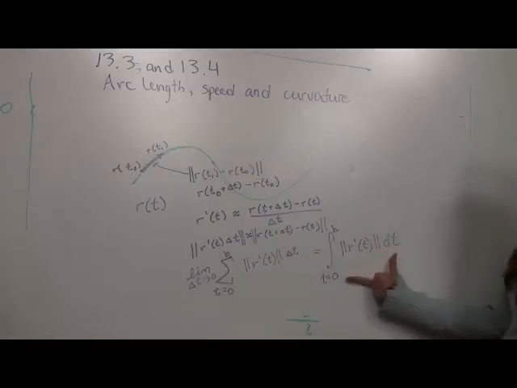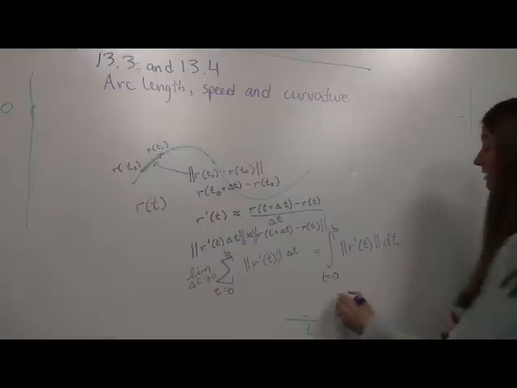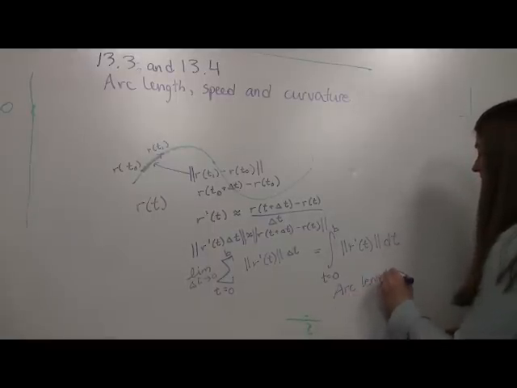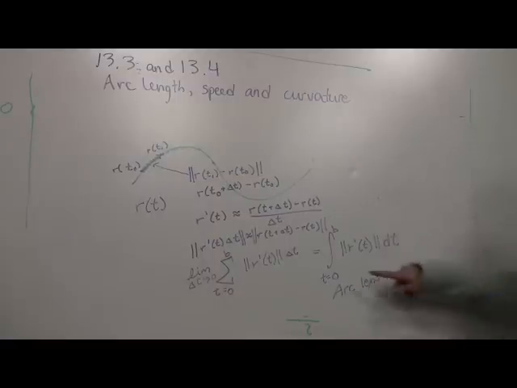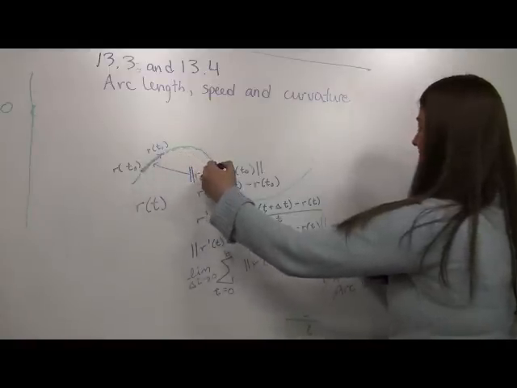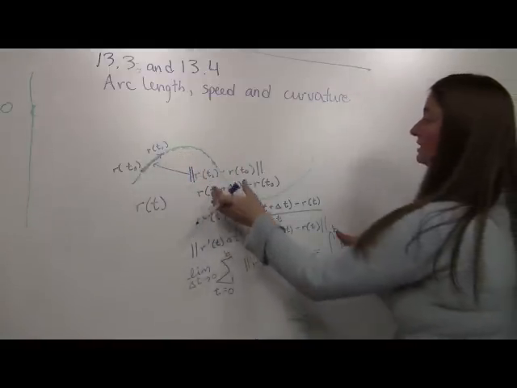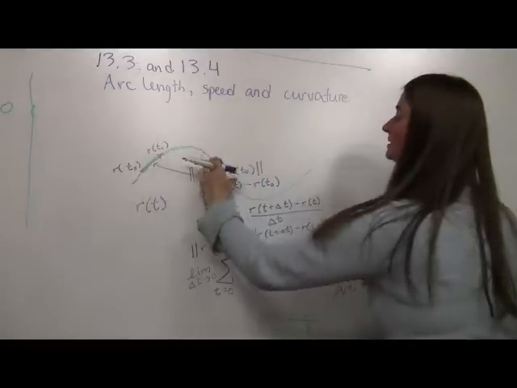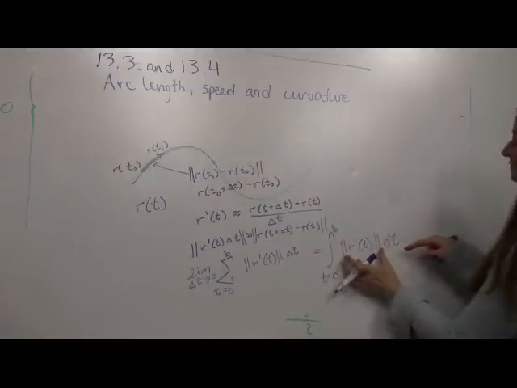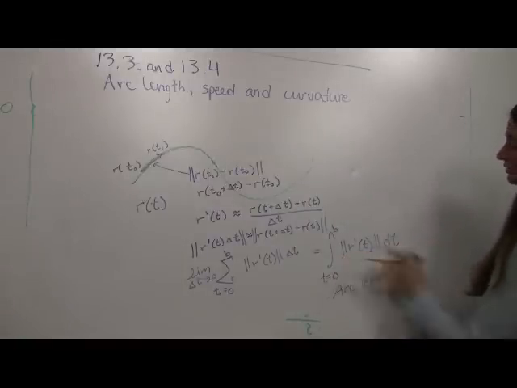And this right here is the equation that we have for arc length. So if I start at some time t0, and I travel along this path until I get to some time b, really what I'm doing is summing up all of these little pieces. As these pieces get smaller and smaller, I'm summing up the magnitude of r prime of t.